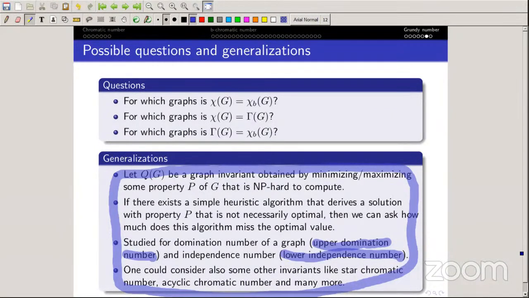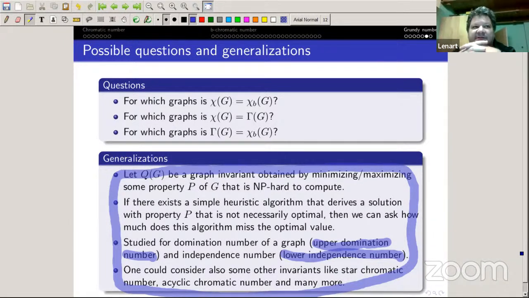Is this sort of last slide generalization you talked about possible for packing chromatic number? Does there exist something? Yeah, a very interesting question. I'm not aware of it. Maybe I was too generous here. You can do it if you have some nice polynomial algorithm for producing such things.